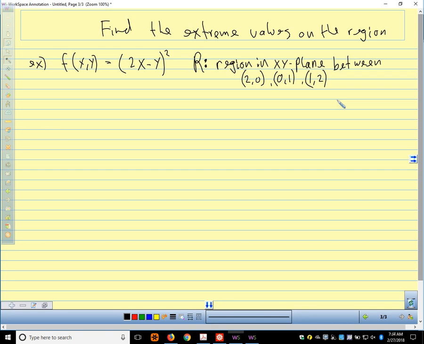So let's draw a picture. I'm not going to draw a picture of the function, I'm just going to draw a picture of our region because it's going to help us with what we're going to do. There's (2,0). There's (1,0). And there's (1,2). Sorry, (0,1).